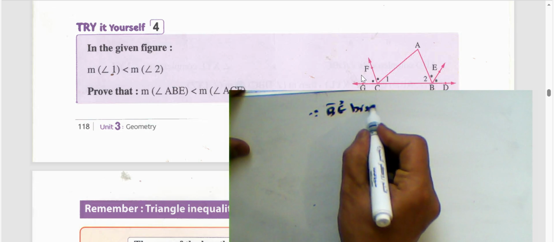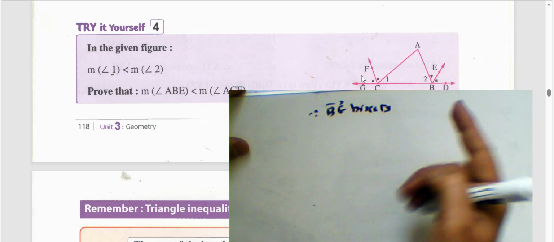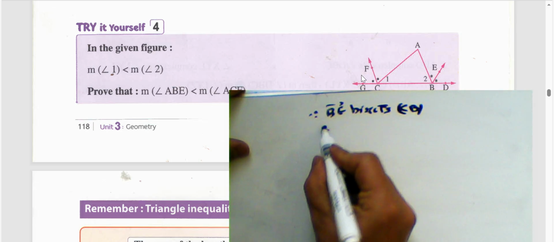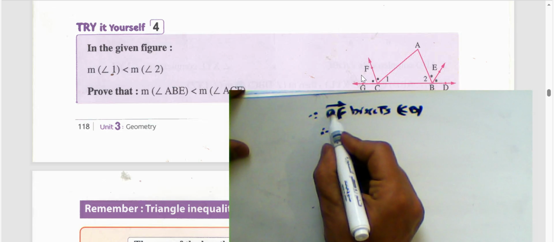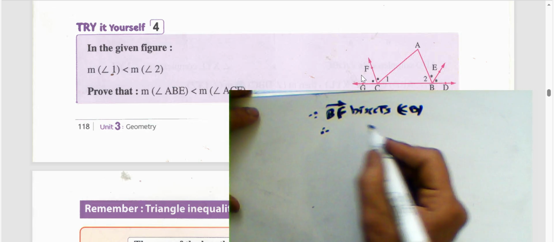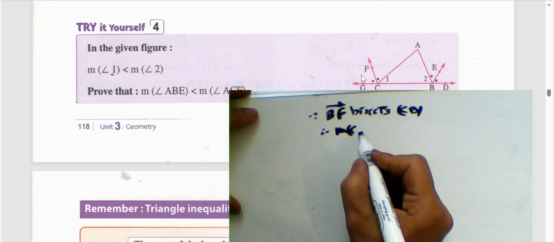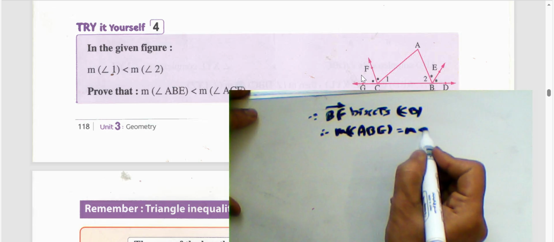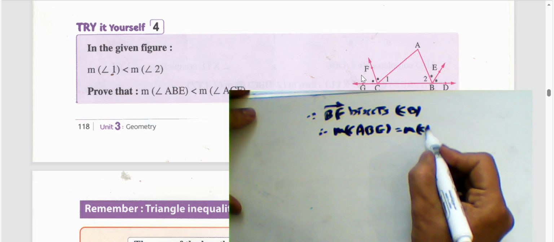Write the steps here such that the ray BF bisects angle B. Then the measure of angle ABE equals the measure of angle DBE.